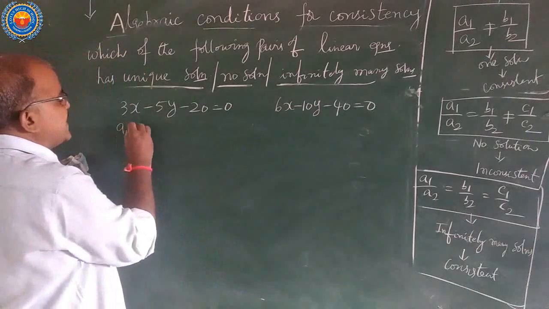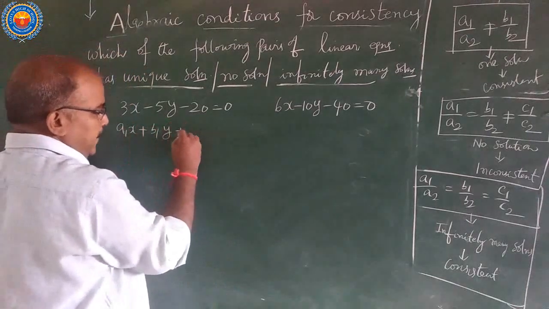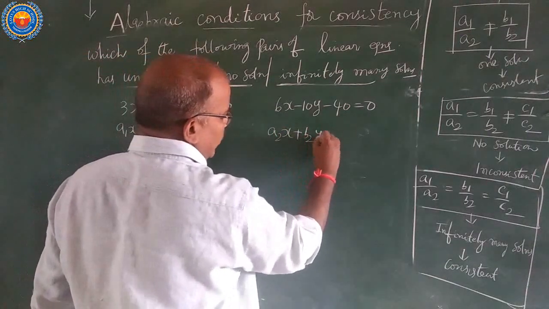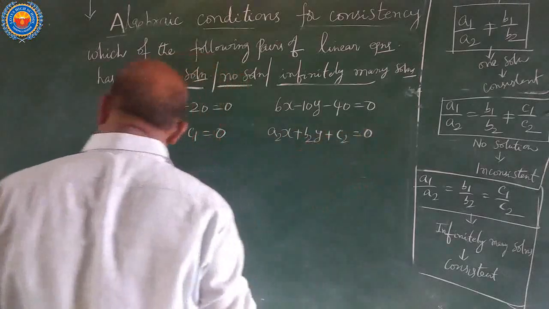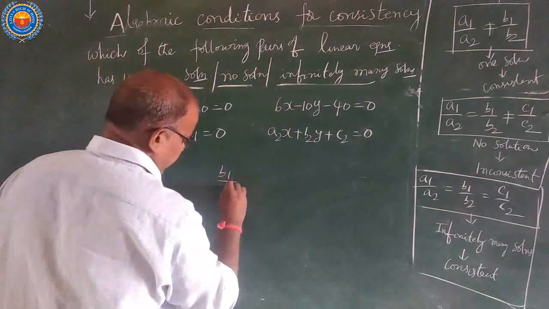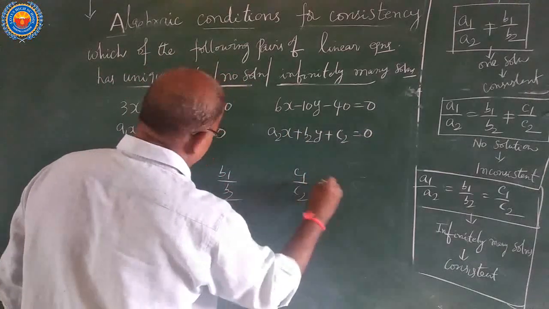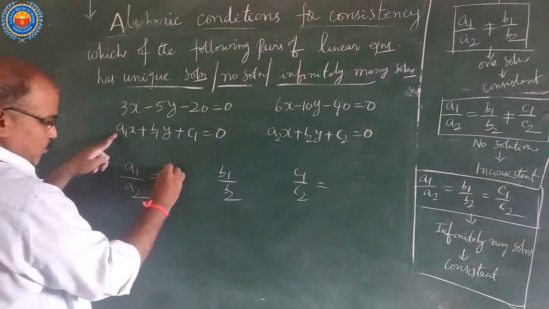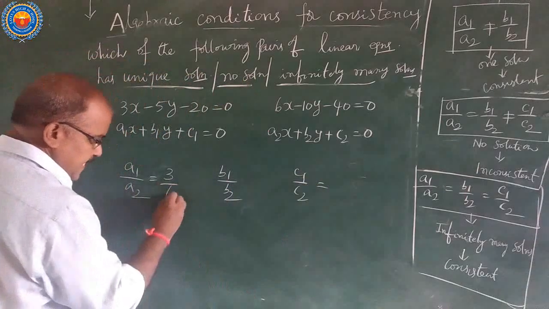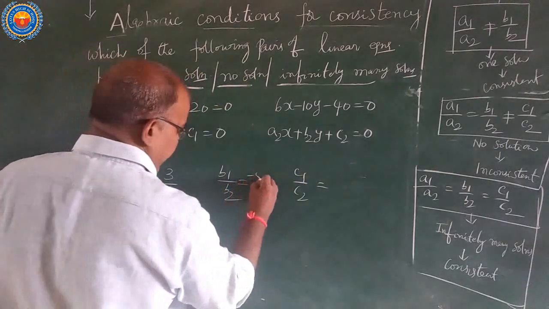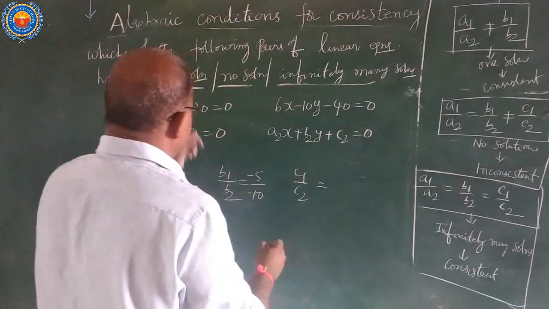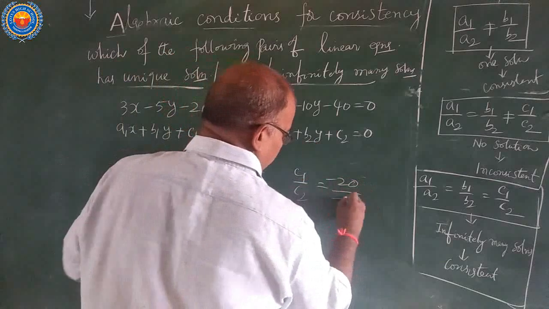So a1x plus b1y plus c1 is equal to 0, a2x plus b2y plus c2 is equal to 0. Now same once again, a1 by a2, b1 by b2, c1 by c2. a1 is 3, a2 is 6, b1 is minus 5, b2 is minus 10, c1 is minus 20, c2 is minus 40.